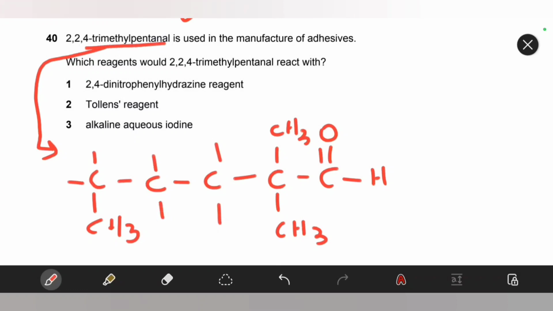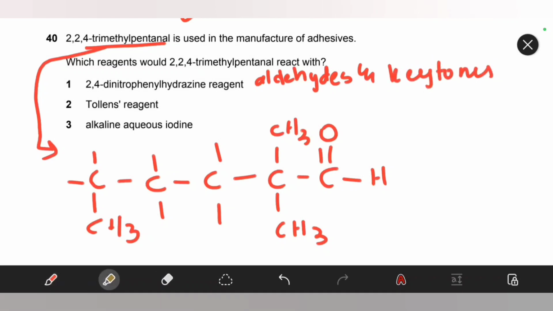Now let's see if it is going to give a precipitate with 2,4-DNPH first. 2,4-DNPH reacts with both aldehydes and ketones.